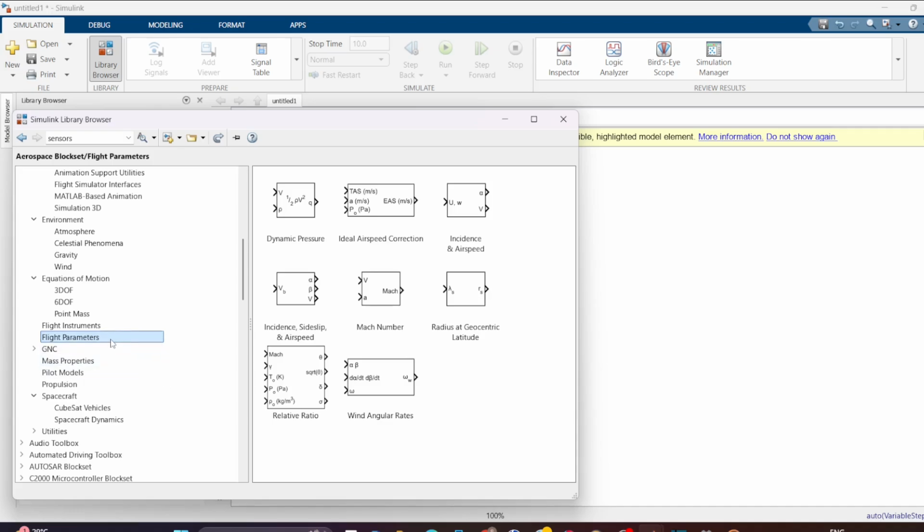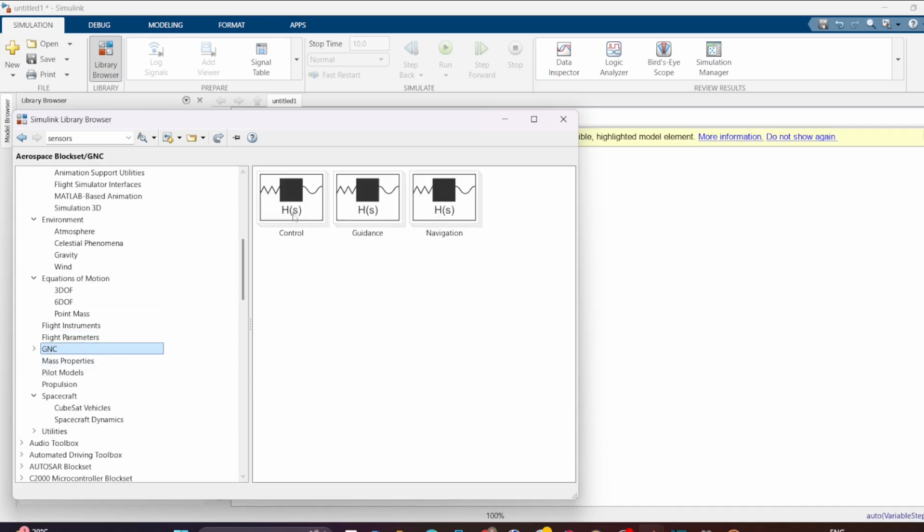Then we have GNC. In GNC, we have control, guidance, and navigation. So what is GNC actually? GNC stands for guidance, navigation, and control. These blocks are used for path planning, stabilization, and autopilot systems. This is where control engineering concepts like the PID controller are applied.